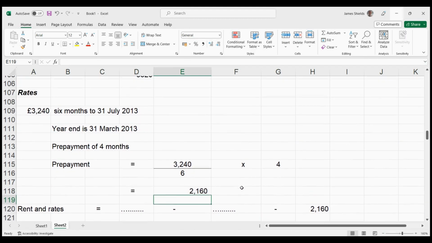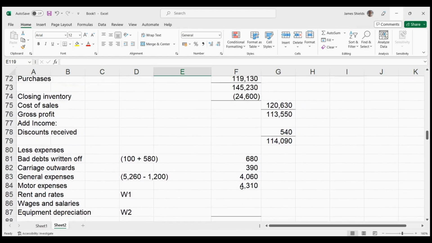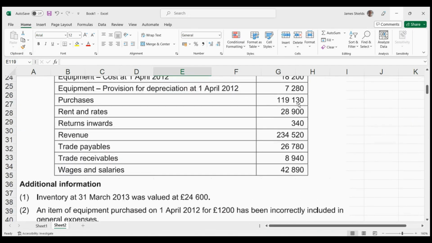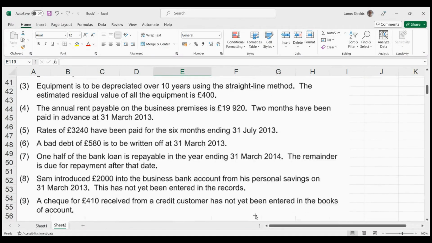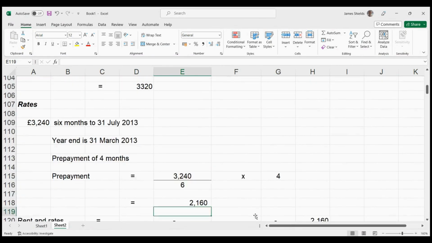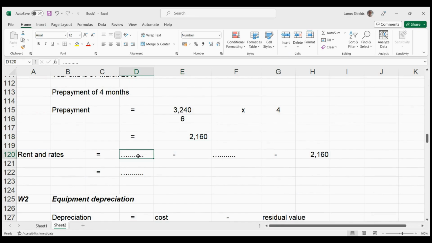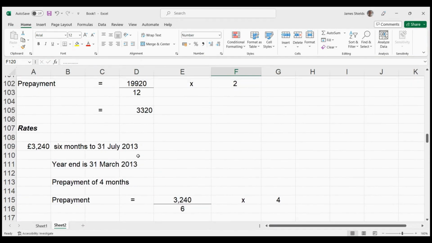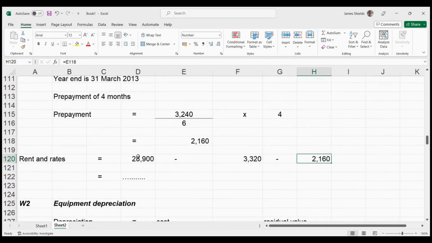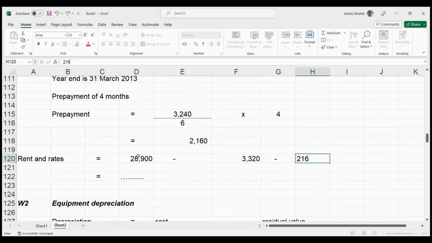So our rent and rates figure, we go to our list of balances. We have £28,900. So we're going to start off with £28,900. We had a prepayment of rent of £3,320, and the prepayment of rates, which basically was the £2,160 we just worked out.